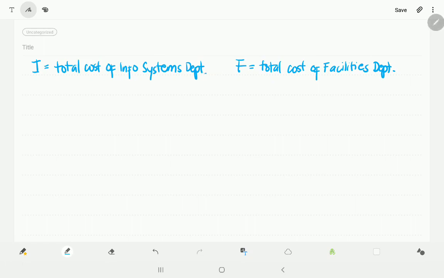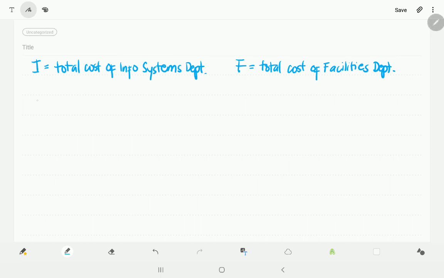Let I be the total cost of the information systems department, and F be the total cost of the facilities department. The total cost of each department will be the direct cost of that department plus a portion of the allocated cost of the other department.